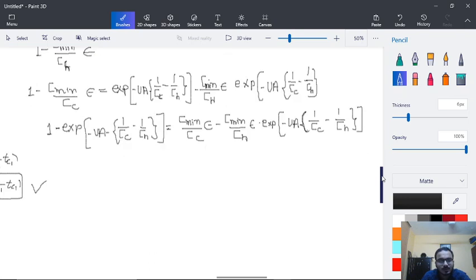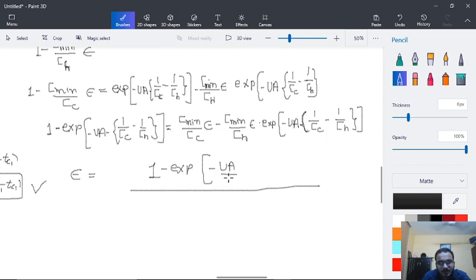So finally we can obtain the value of epsilon is equal to 1 minus exp into minus UA.